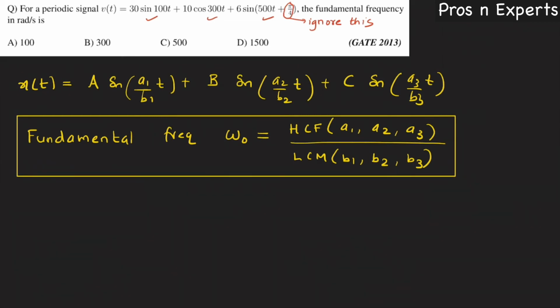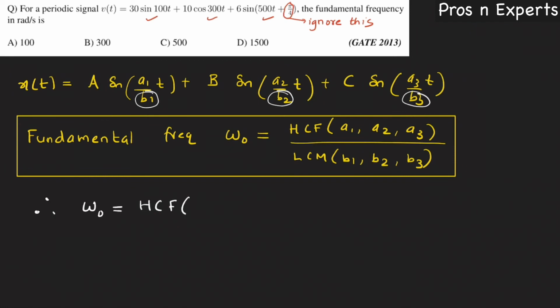All right. So in the given question, v of t equal to 30 sine 100t plus 10 cos 300t plus 6 sine 500t. So this denominator part is absent, or it is 1. Therefore the frequency omega 0 is just HCF of a1, a2, a3.